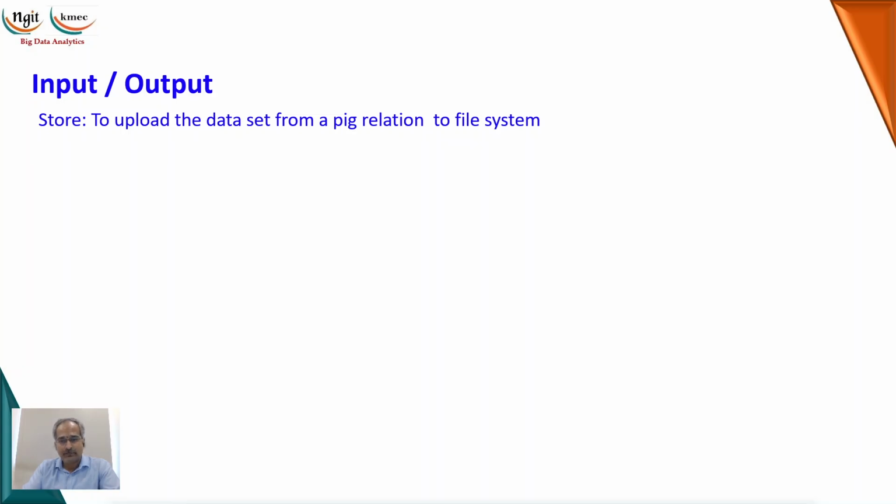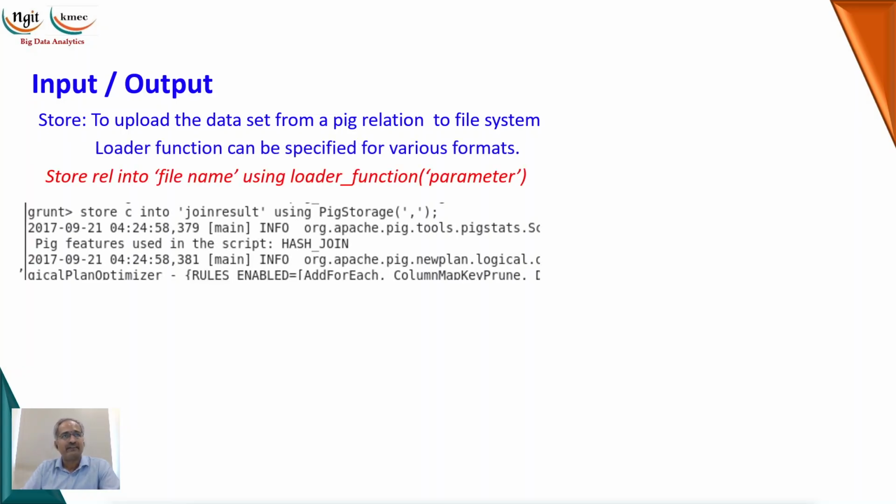Okay. Now let us go with the other thing. This is the loading. The load function is for input. For output, if you want to store the data onto HDFS, we can use the same syntax. Store C into join_result using PigStorage of comma. While storing the data set, you need not give the schema because we already have the schema.